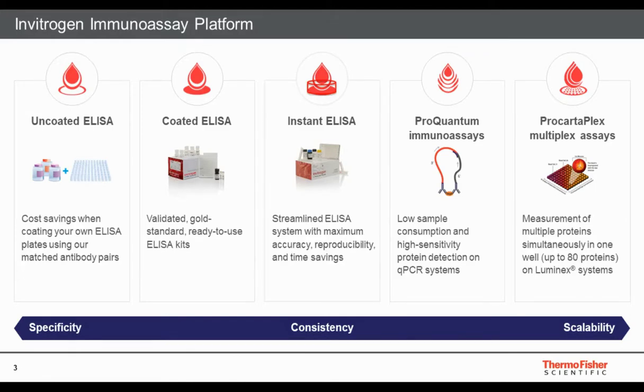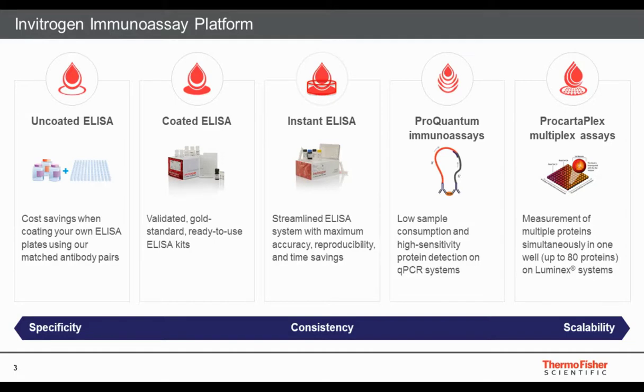And the kits come with all reagents needed to run the assays and can be read on a qPCR instrument. And finally, our multiplex platform, our ProcartaPlex kits, which enable multiple proteins to be measured simultaneously in one well.